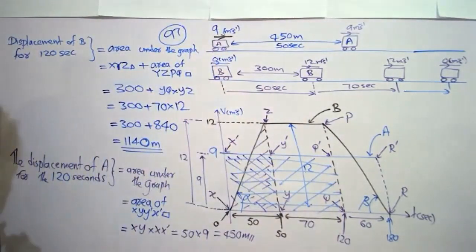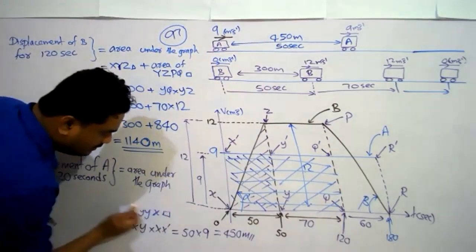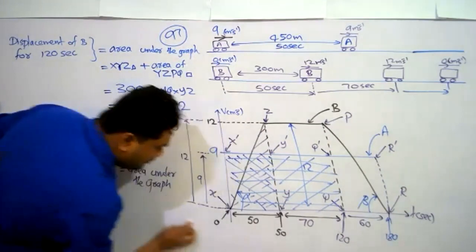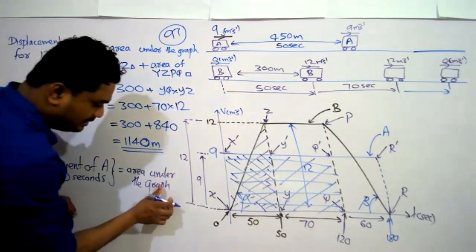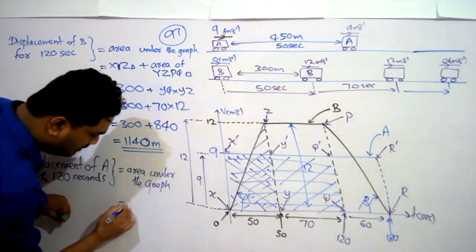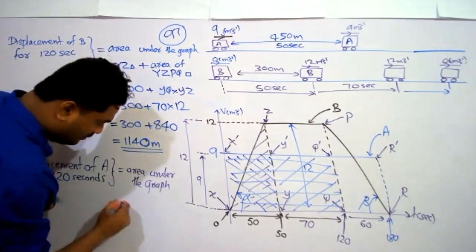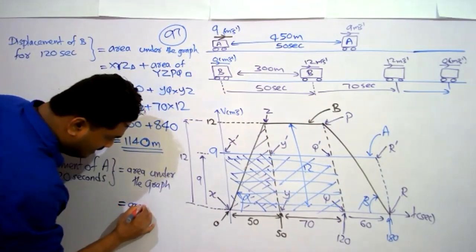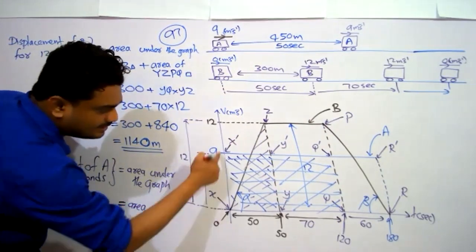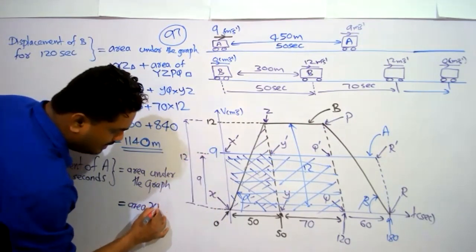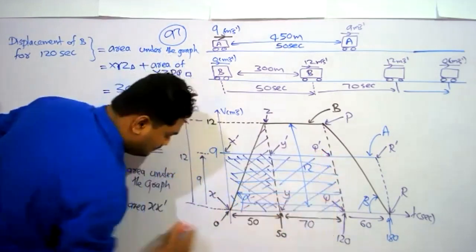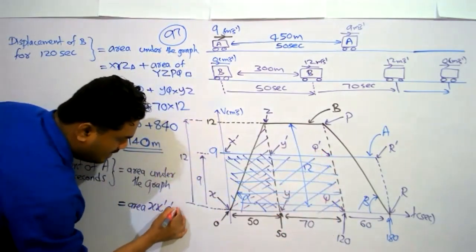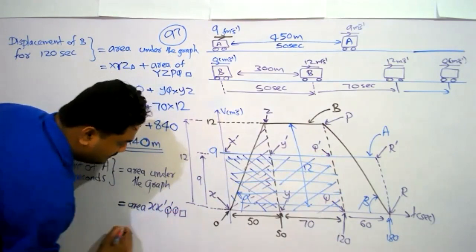Right, so we want to find the displacement of A for 120 seconds. It is the area under the graph, that is the area of the XX'Q'Q rectangle.